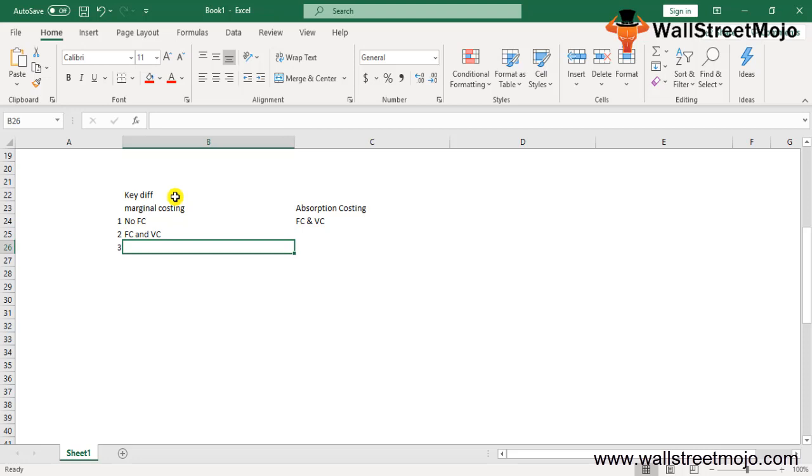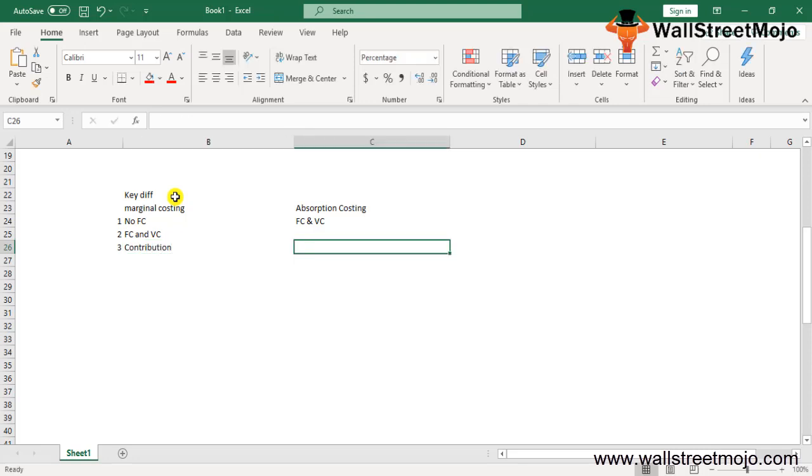Third, the purpose of marginal costing is to show the contribution of the product cost, and the purpose of absorption costing is to show a fair and accurate picture of profit.